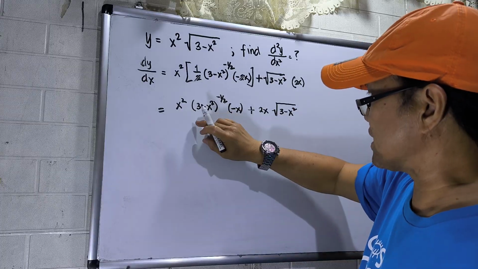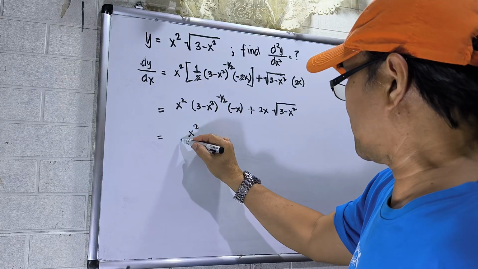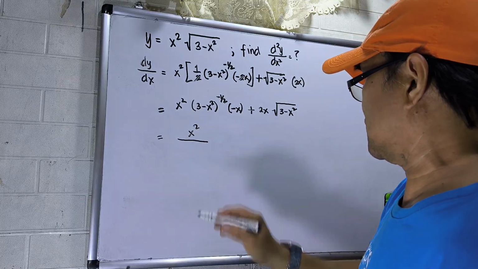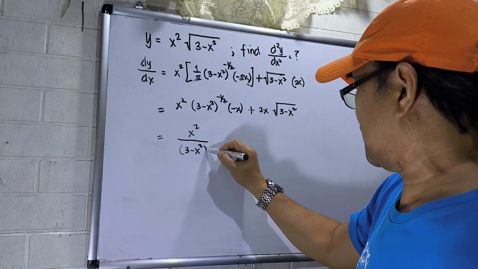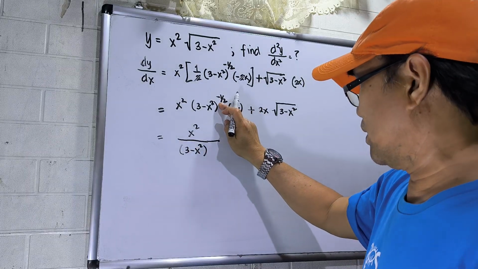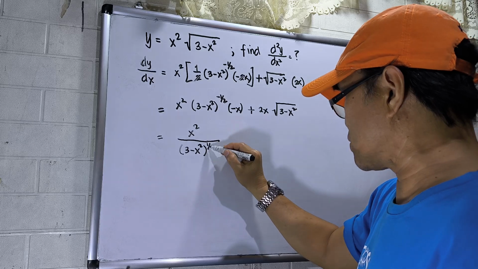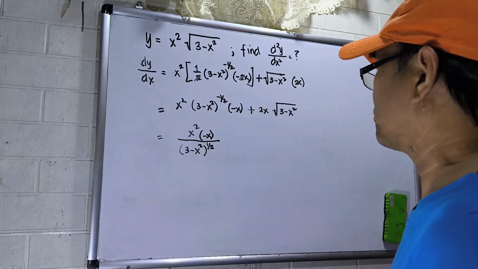Okay, so I will place this one below the bar line. So I have to write this one as x squared over circle brackets 3 minus x squared raised to, since this is below the bar line, this exponent will be changed to positive. So this will be positive 1 half. Then I have negative x in here. Okay?